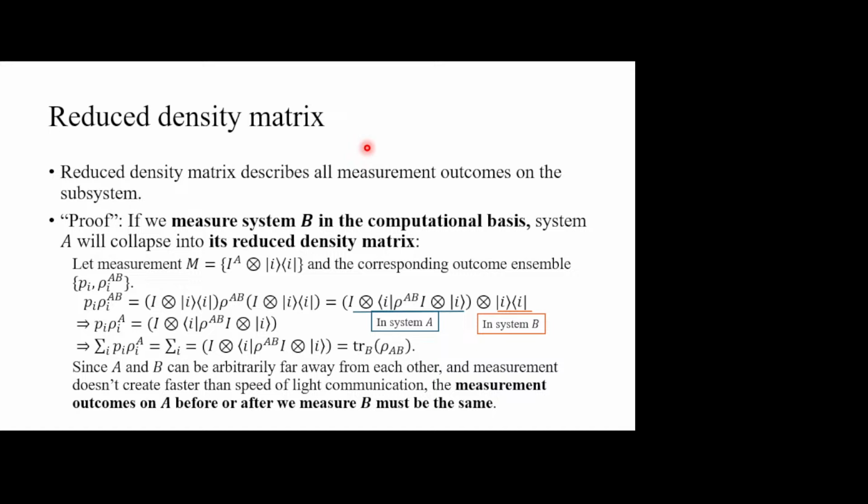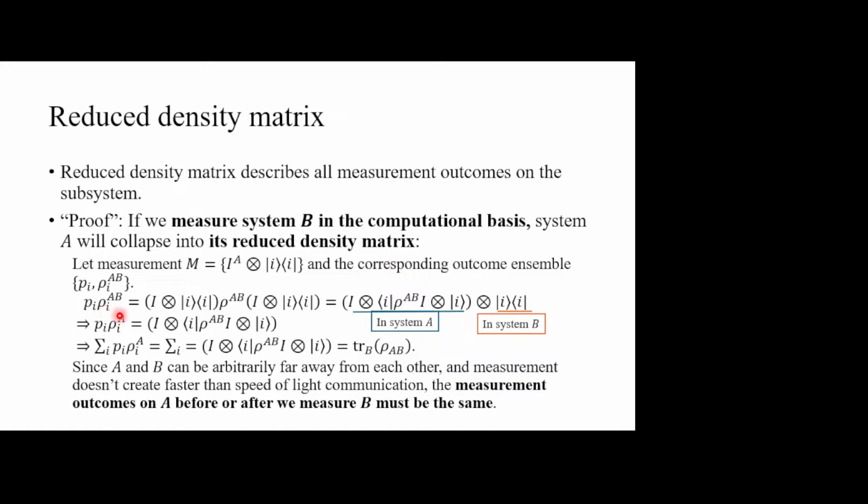So the proof here is that we ask what happens if you measure B in the computational basis. So we have A, B sharing a system, and we measure B in the computational basis. Then we'll find out that the system A will collapse into the reduced density matrix.